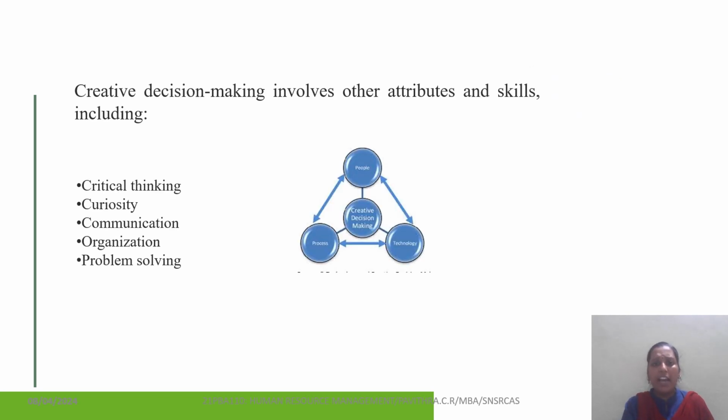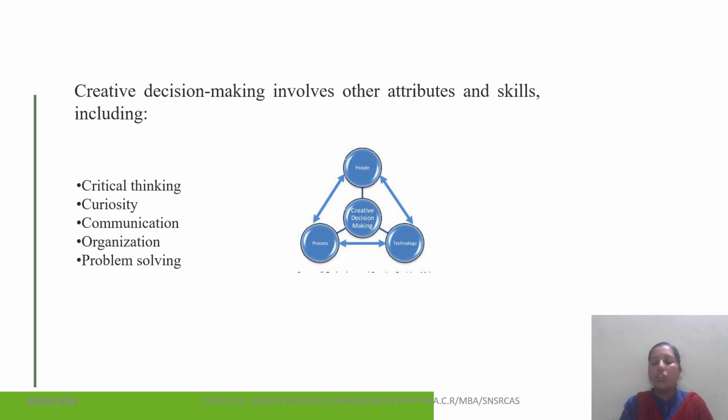The key attributes of creativity and decision making are, firstly, critical thinking, which is most important. Critical thinking is actually thinking out of the box, brainstorming ourselves rather than doing the usual thing, and having curiosity to bring something new. Creativity comes into action when there is curiosity to bring something new out of what is usually going on.